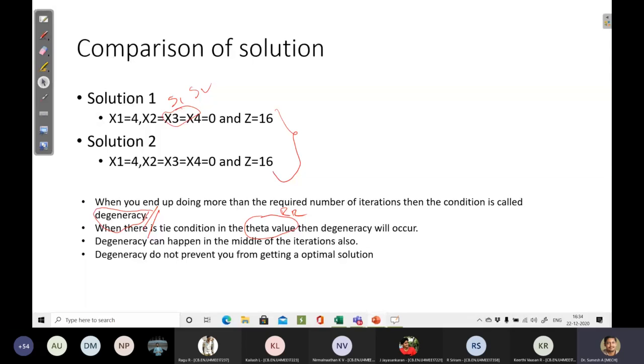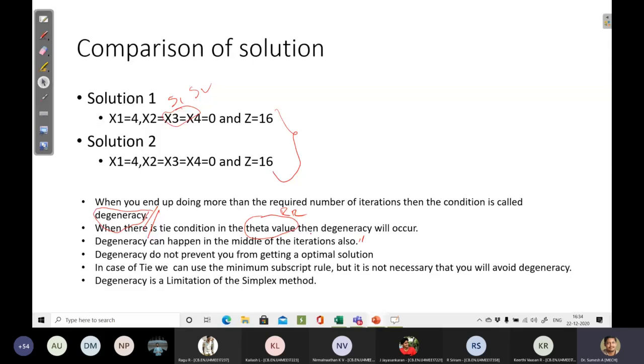Sometimes, if it comes in the middle, you may go in a loop and not be able to get the solution. In case of a tie, we can use the minimum subscript rule, but it does not necessarily avoid degeneracy. Degeneracy is a limitation of the simplex method.